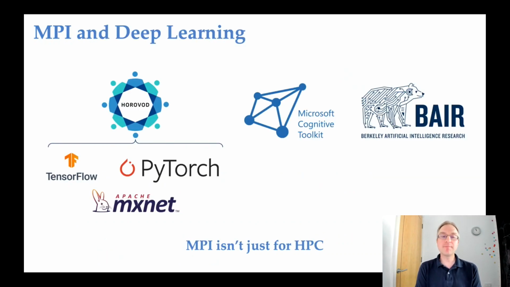In addition, MPI has experienced a little bit of a renaissance in terms of the use for machine learning, and in particular deep learning. When you look at modern deep learning frameworks such as TensorFlow, PyTorch, and MXNet, they have support for a distributed training library called Horovod, which is based on MPI. So MPI, beyond traditional HPC, is also now increasingly being used in machine learning and deep learning.